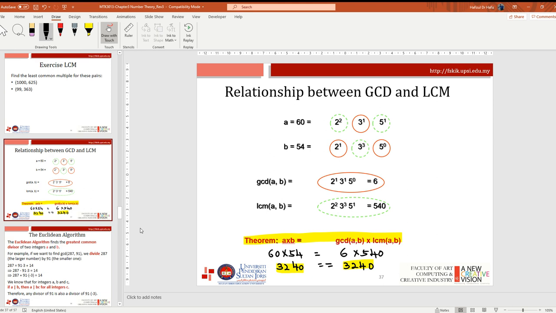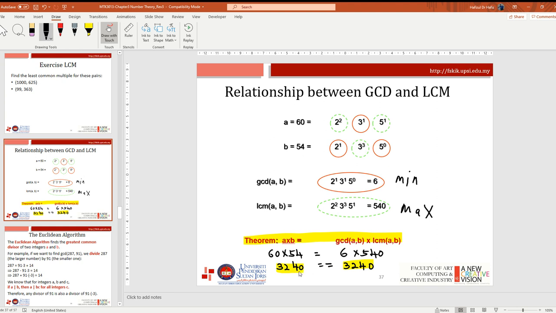And then the relationship between GCD and LCM. We can find the GCD is for the minimum and the LCM for the maximum. Then the theorem: a multiplied by b is equivalent to the GCD of a and b multiplied by the LCM of a and b.